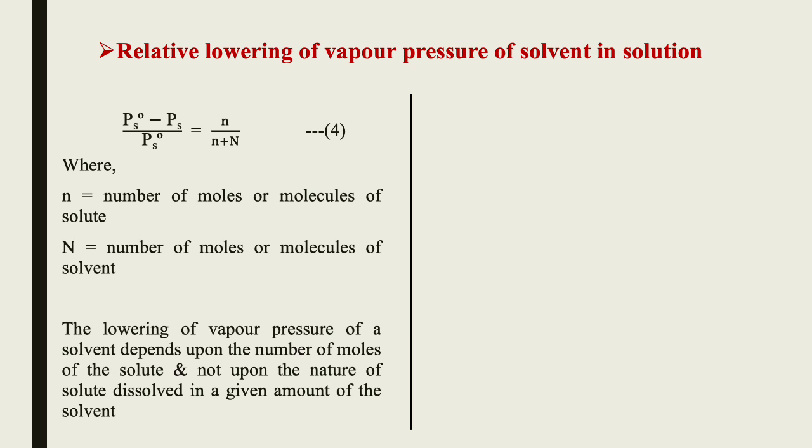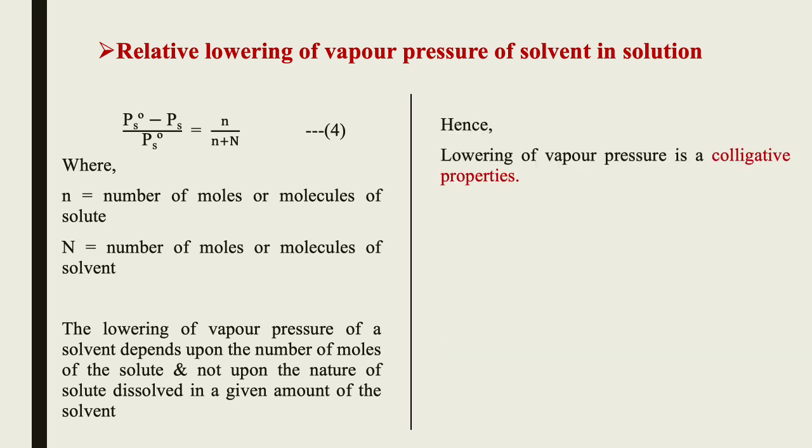The lowering of vapor pressure of a solvent depends upon the number of moles of the solute and not upon the nature of the solute dissolved in a given amount of the solvent. So whatever the lowering of vapor pressure due to solute, it only depends on the number of moles of the solute and not on its nature, because here your solute is not reacting with the solvent.